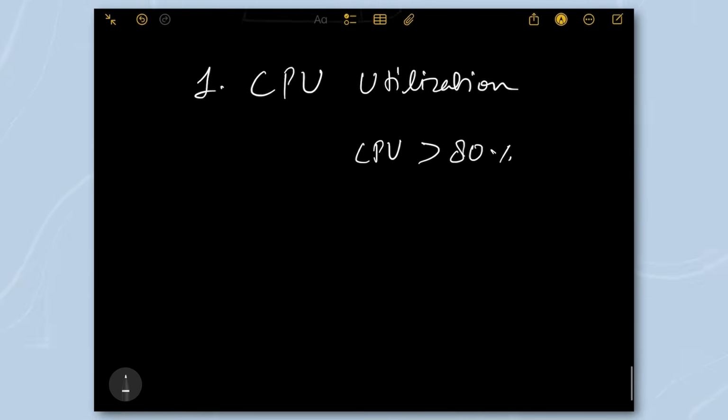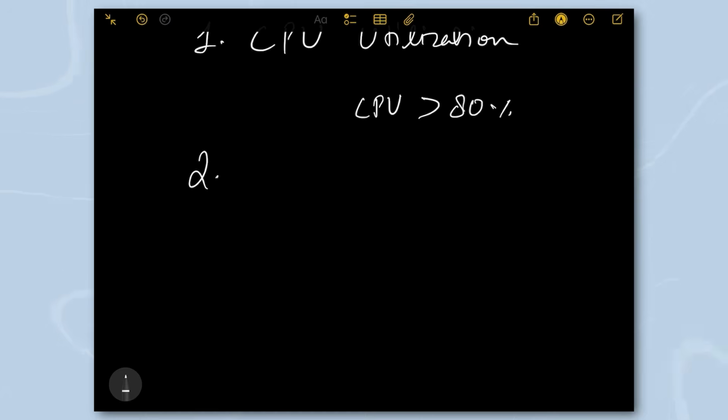The second is your in-flight requests. Okay, let's first talk about what in-flight requests are. An in-flight request is a specific state of an API call. Let's say you made an API call to a service. Simply, it is a request that has been received by the server but has not yet received a response.